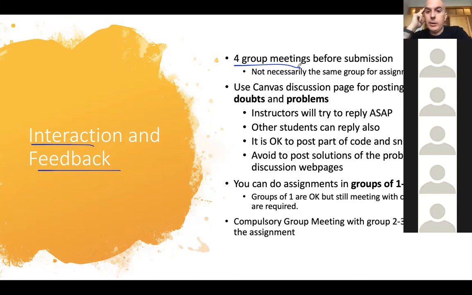The group for these meetings is not necessarily the one for the assignment, right? The group assignment can be 2 or 3, but you can have a group of 1 for the assignment if you feel more comfortable submitting individually. The group meetings, however, need to be a group of 2 or 3.